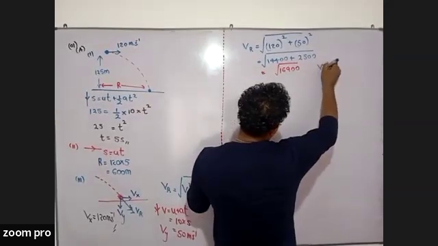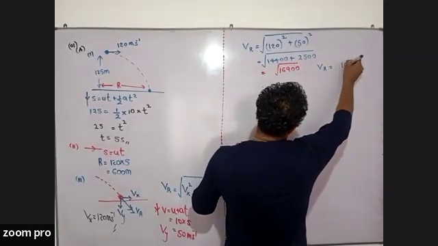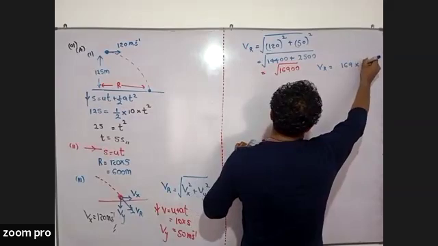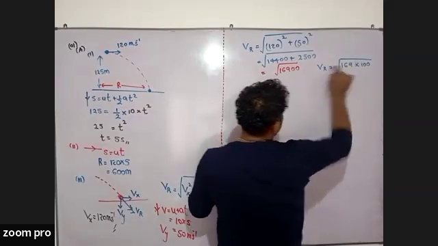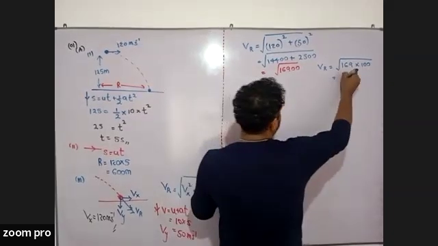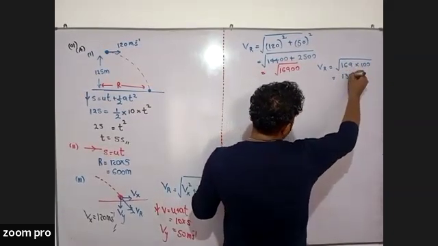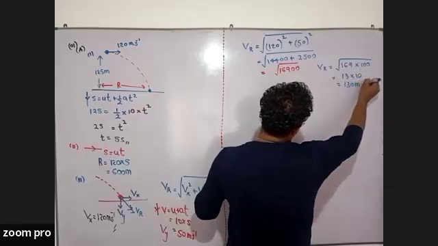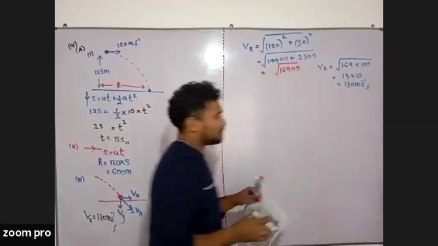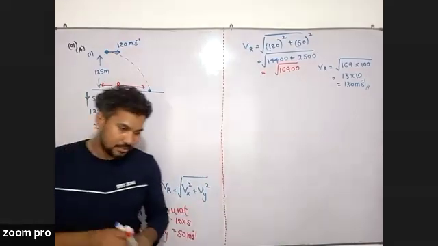So this can be further simplified as 169 over 100. The root of 169 is 13, the root of 100 is 10. So the answer should be 130 m s^-1. So it is a very simple question.